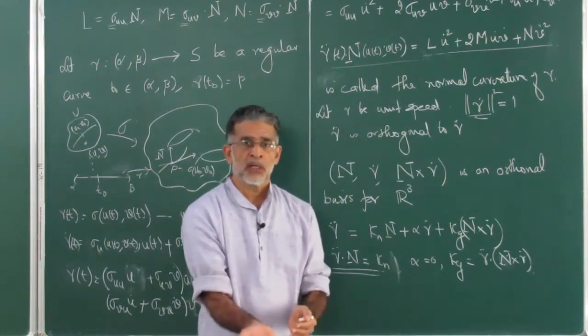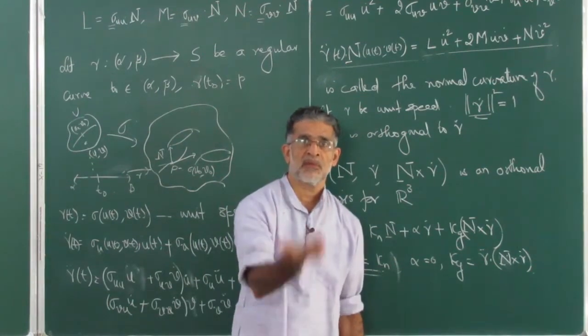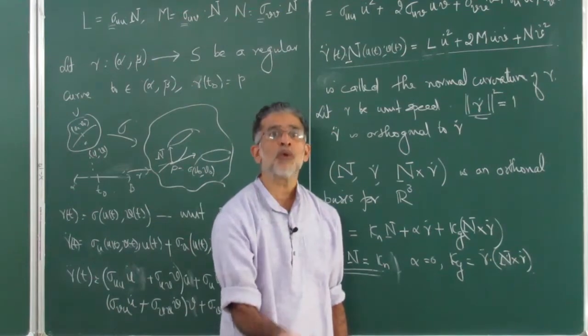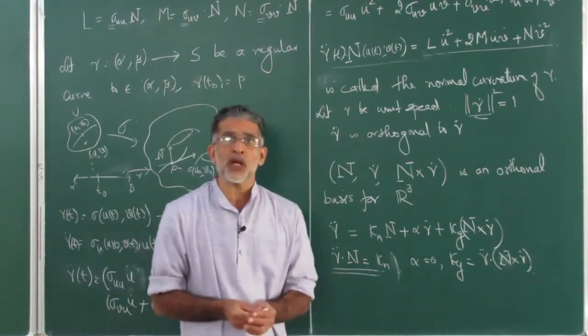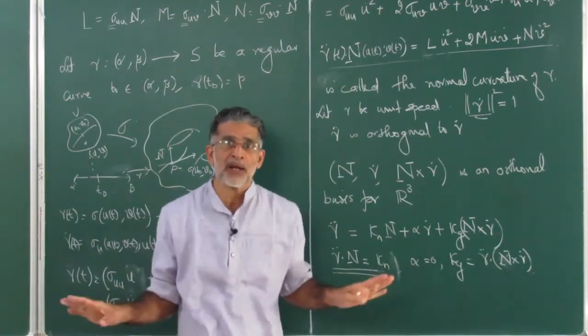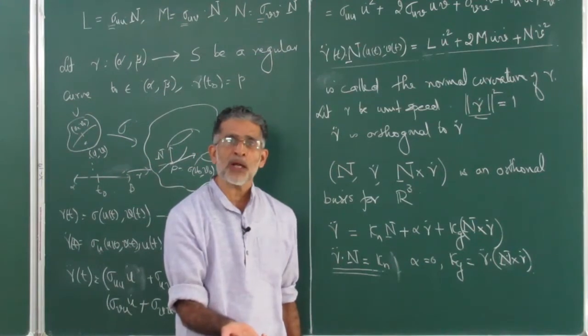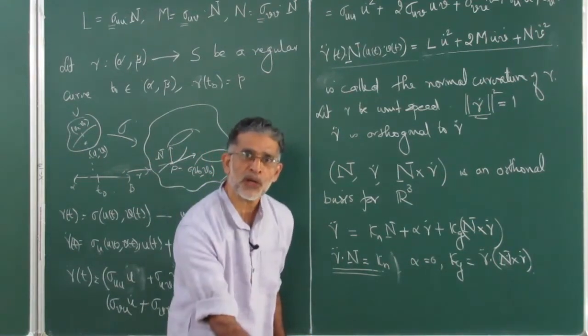How much you are going up and down on the surface. You are moving along with the surface up and down. How much is that? Because this gamma dot is actual movement in R3. It is not relative to the surface. So what does a normal direction move mean? It's exactly relative to the surface. If the surface goes up, you will go up. If the surface goes down, you will go down.